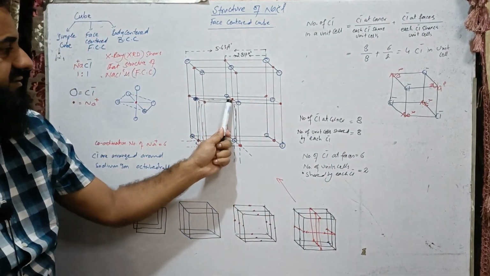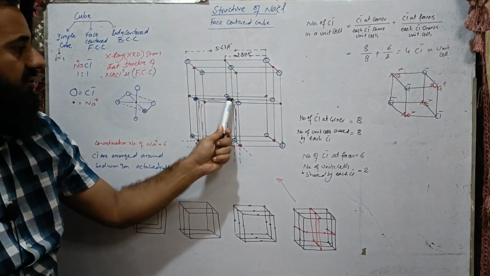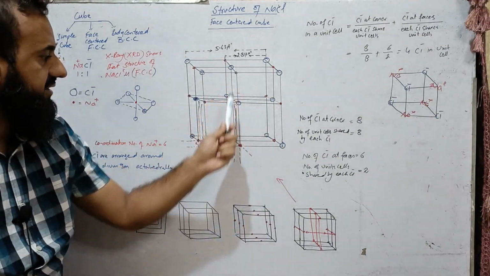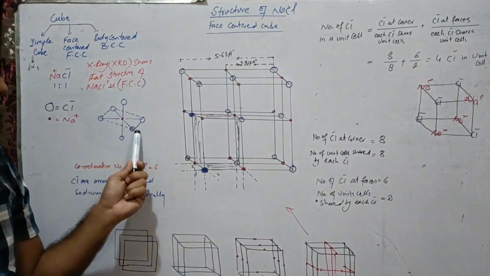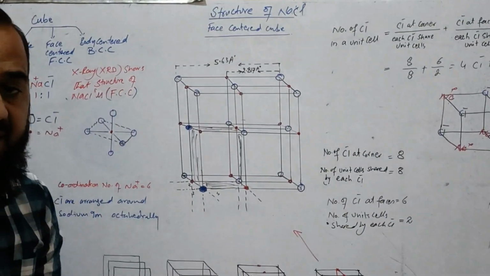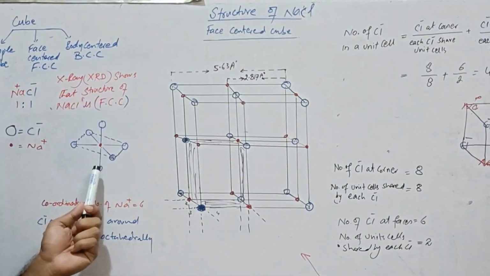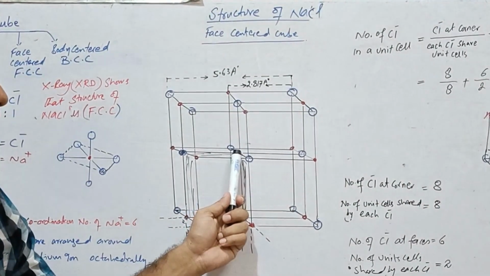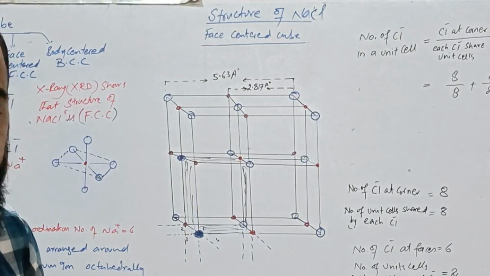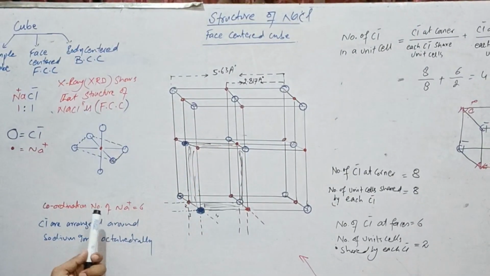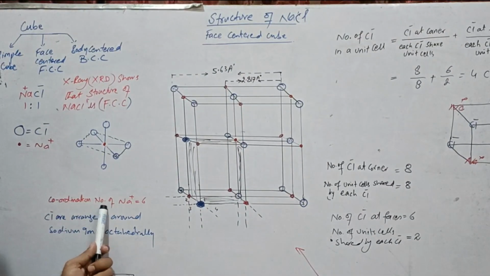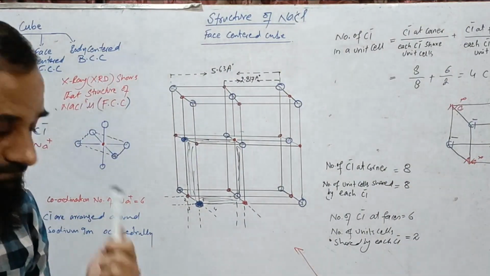This sodium ion is surrounded by 6 chloride ions in an octahedral manner. It shows that each sodium ion in this crystal is surrounded by 6 chloride ions. So we can say that the coordination number of sodium ion is 6.